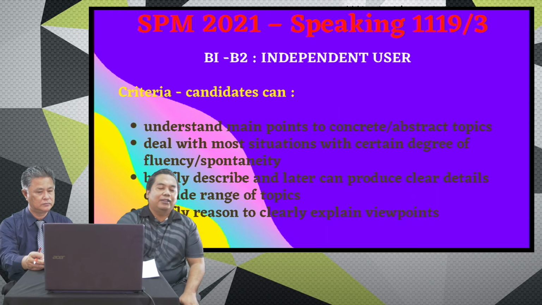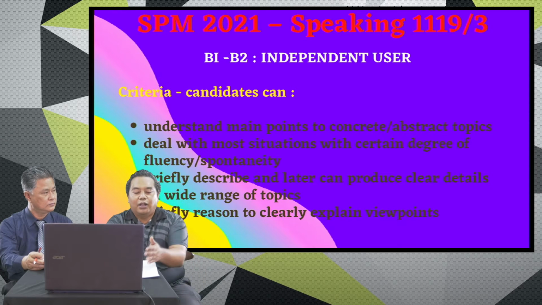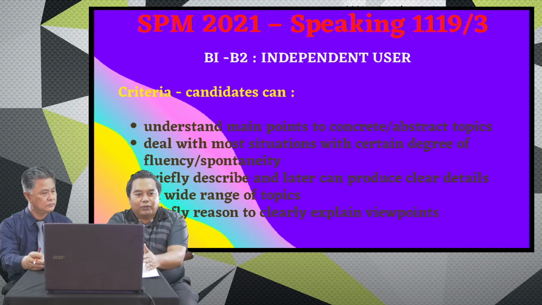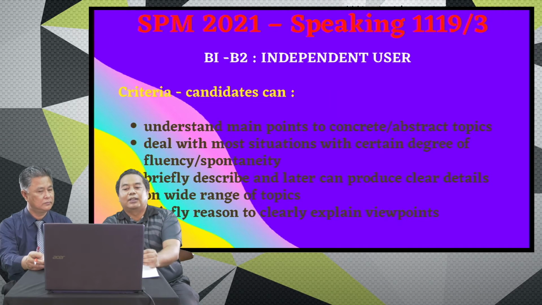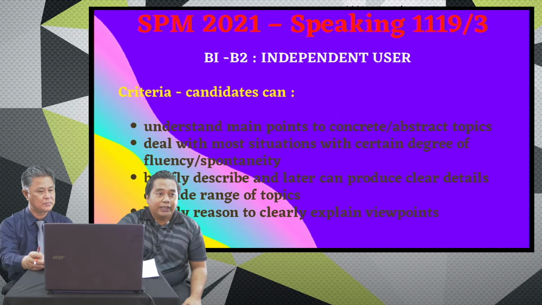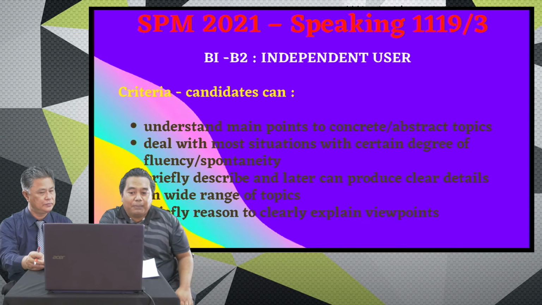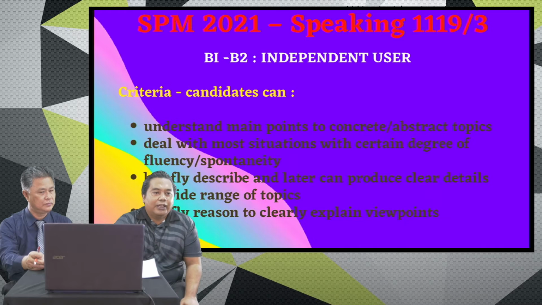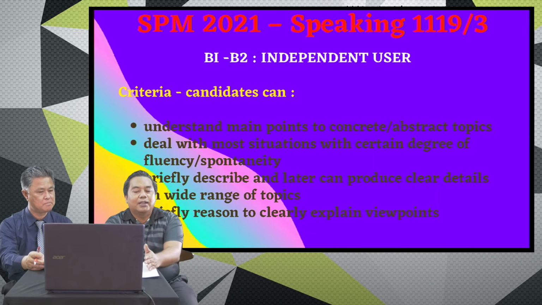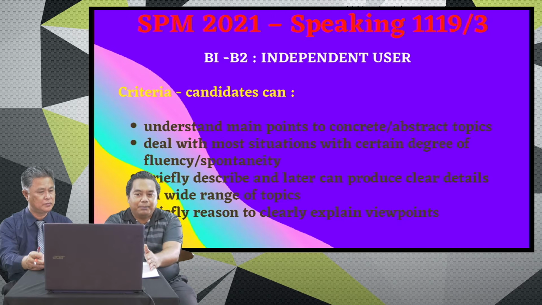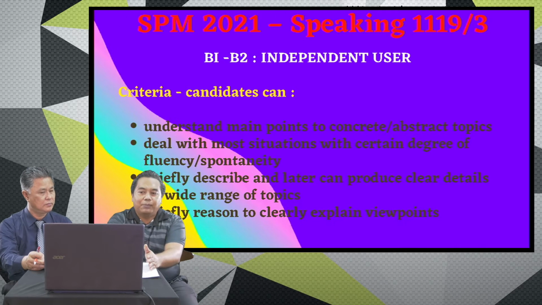Clear detail, for example, this torchlight is used to provide light in dark places. So it is only needed briefly. In not too many words, in very few words, he can achieve the B2 performance.